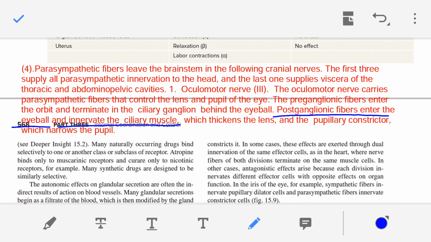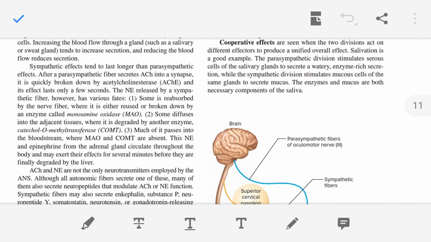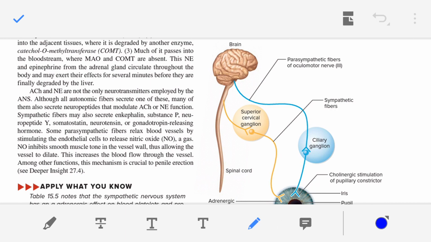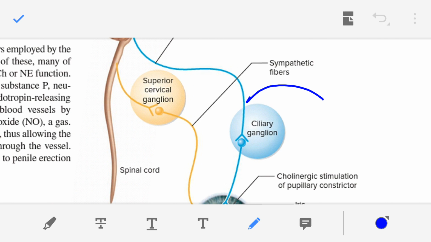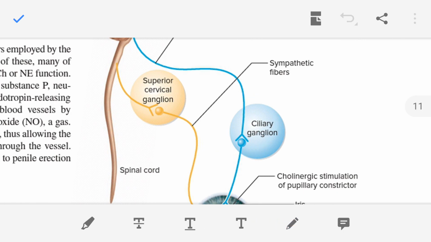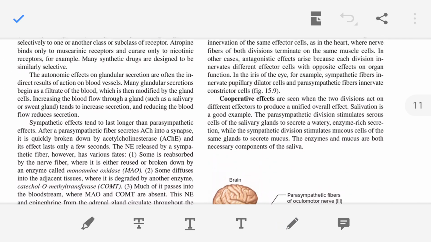In the ciliary ganglion, this is the preganglionic fiber, this is the postganglionic fiber, and this is the synapse.